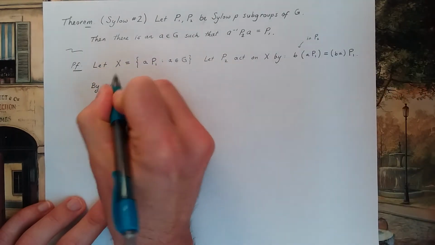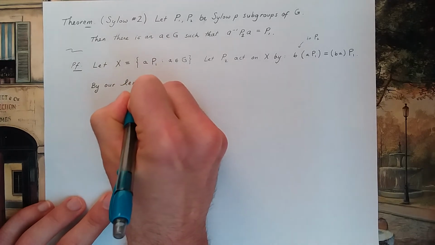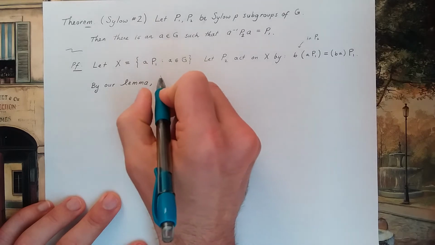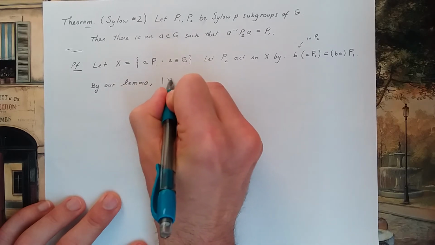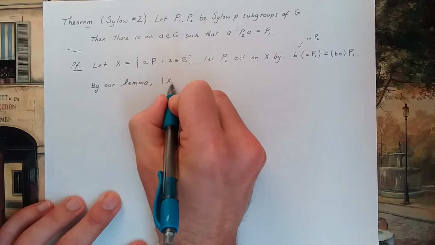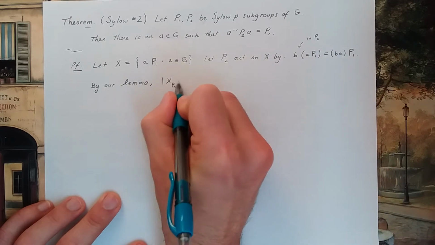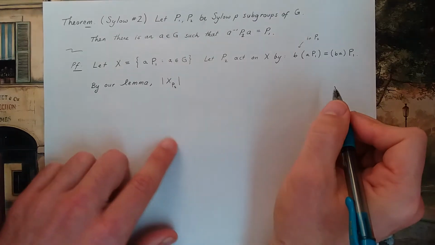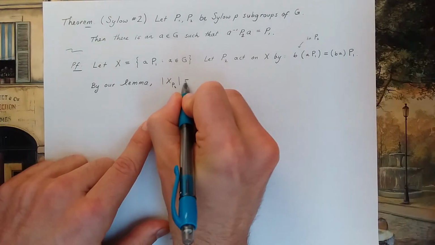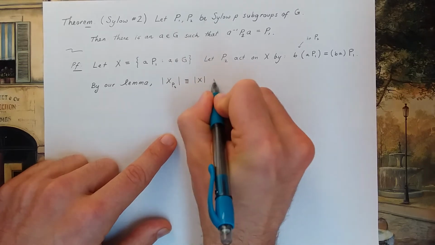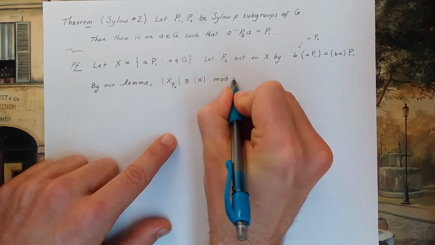By our lemma proved in the last video, we know that the size of the set of elements in X that are fixed under anything in P2 is the same as the size of X working mod p.